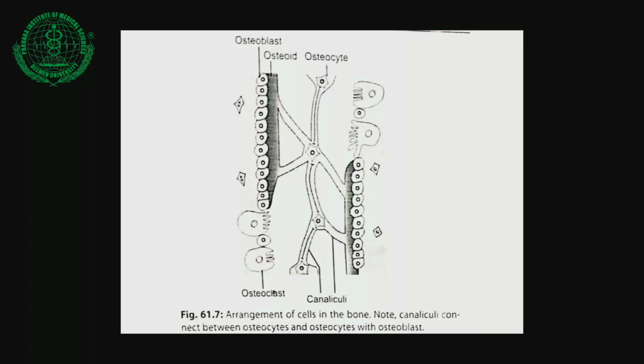As your diagram shows, every bone has an epiphyseal part, and the central portion is called the shaft, with the peripheral bone being the epiphysis.